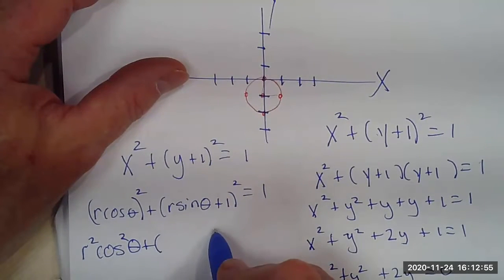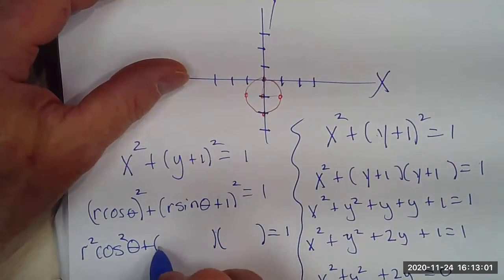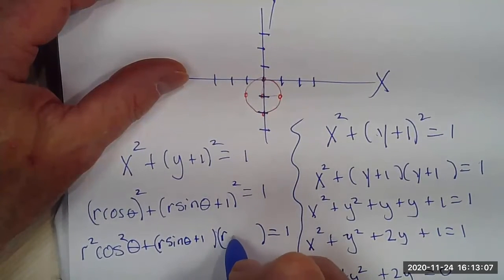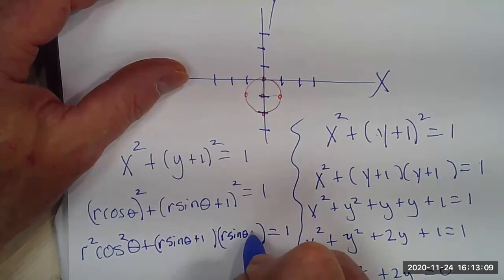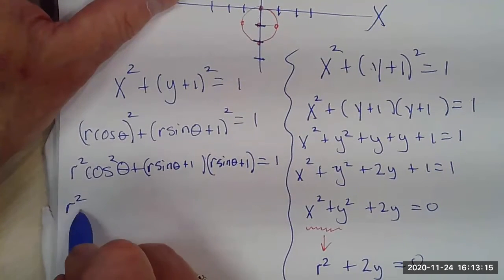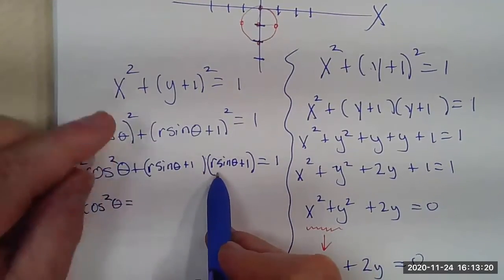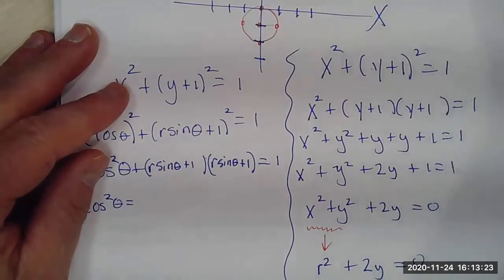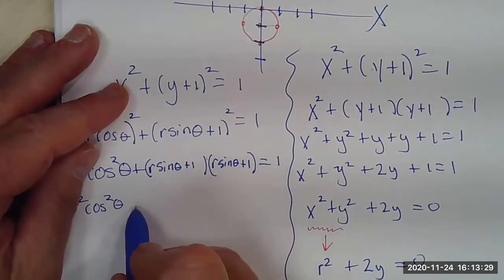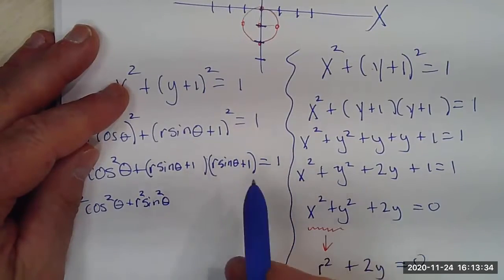Let's see if I've got enough room. Okay, FOIL, r squared, oh, not equal. Silly me. So FOIL, that would be plus r squared sine squared theta.